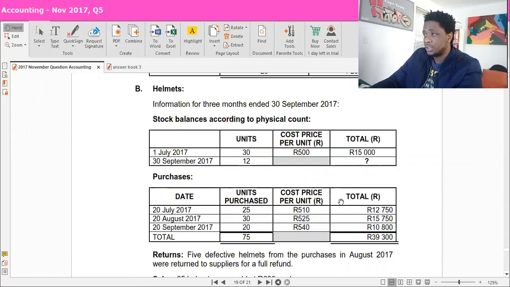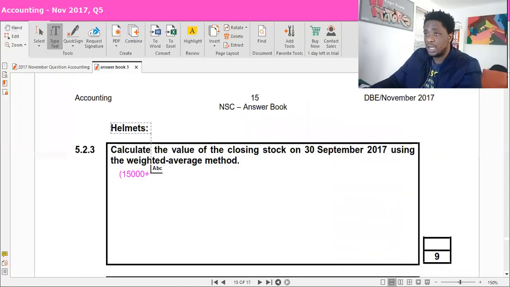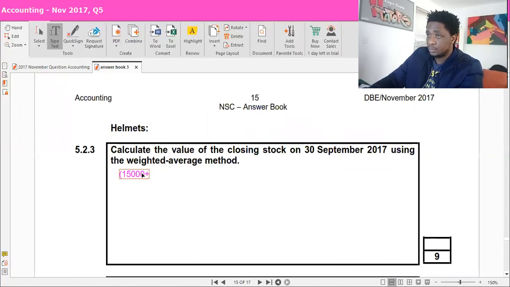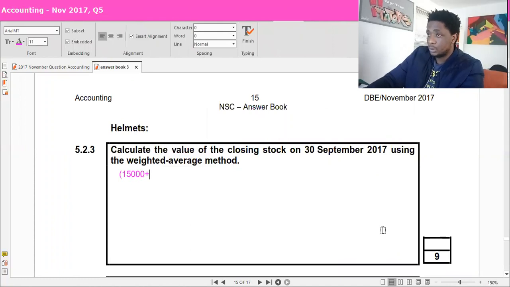So for the period, we have made purchases of up to 39,300. So we're going to add the 39,300.